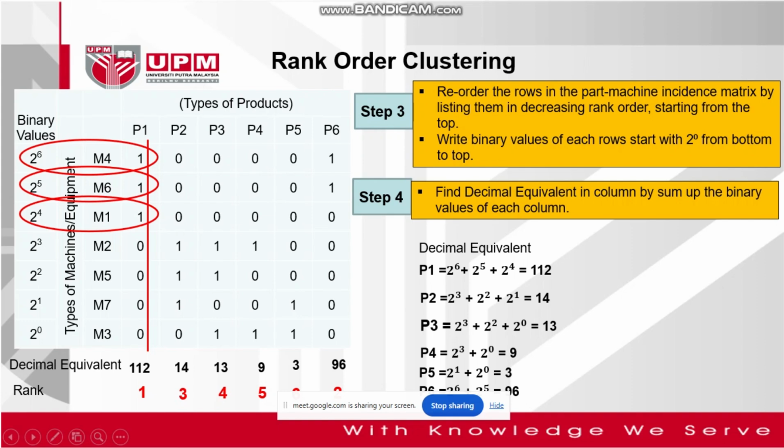We need to calculate all of P1, P2, P3, P4, P5, and P6. The decimal values of the columns are then ranked in decreasing order as shown at the bottom of the table.